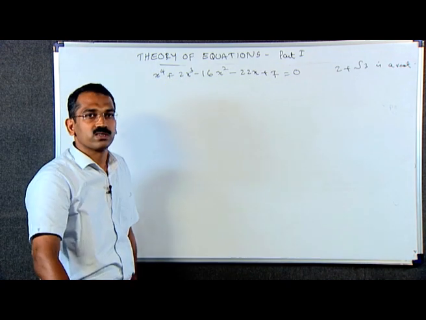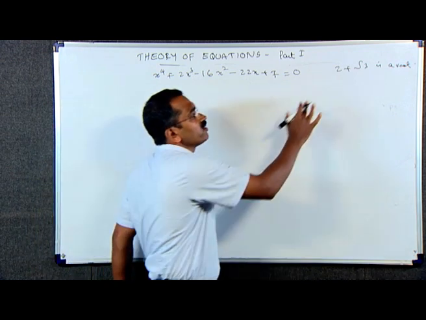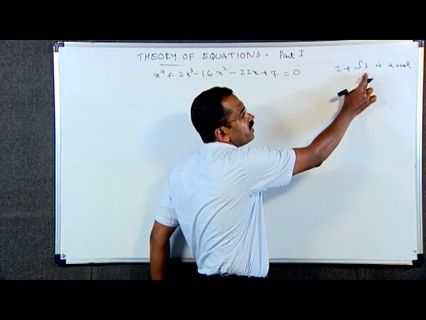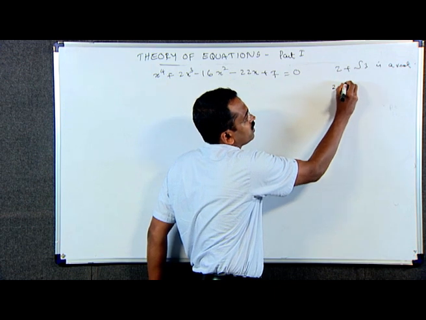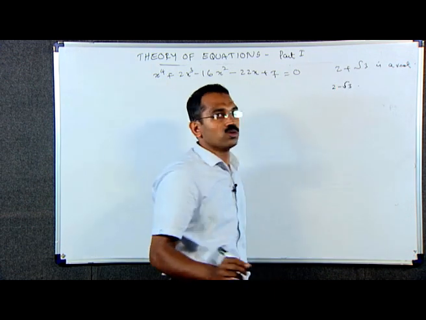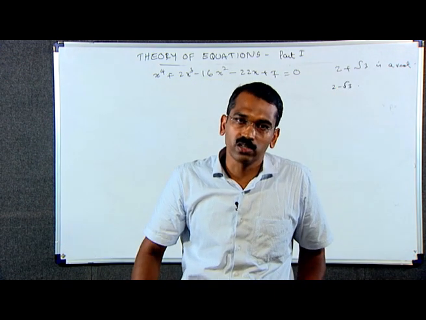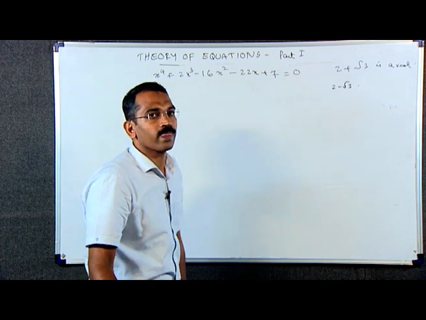From the previous theorem, we can say that if 2 plus root 3 is a root, then 2 minus root 3 is also a root of the same equation, f of x equal to 0.